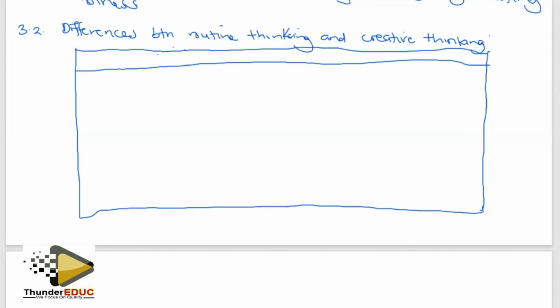So it is important to write differences in table form: routine thinking, and then you draw a table and say creative thinking. Very important.